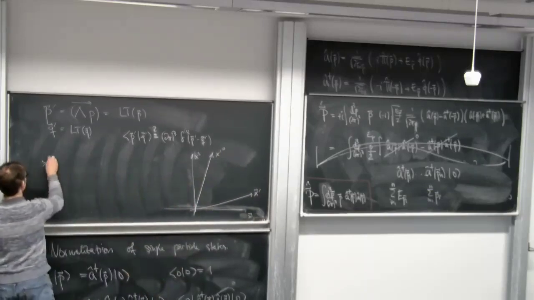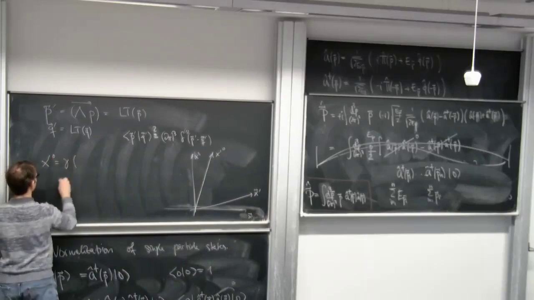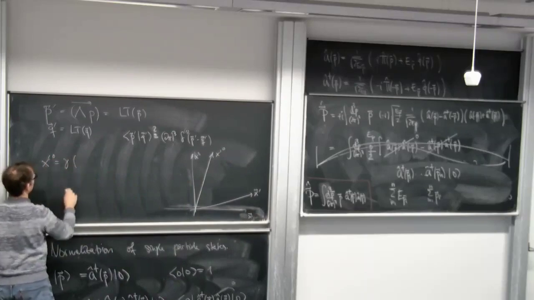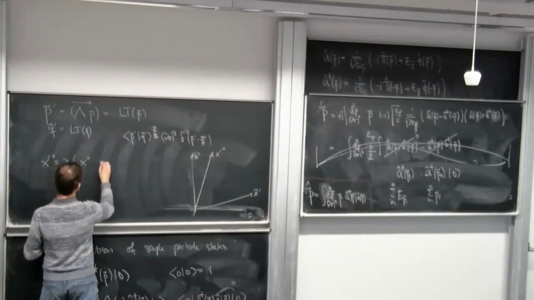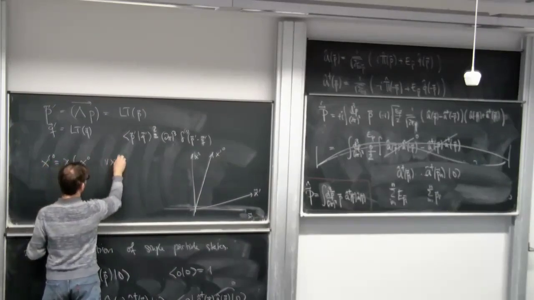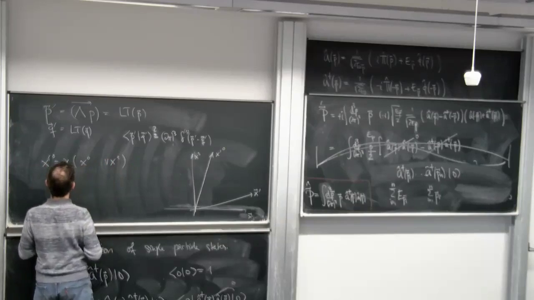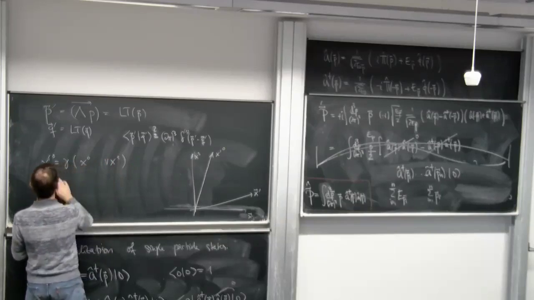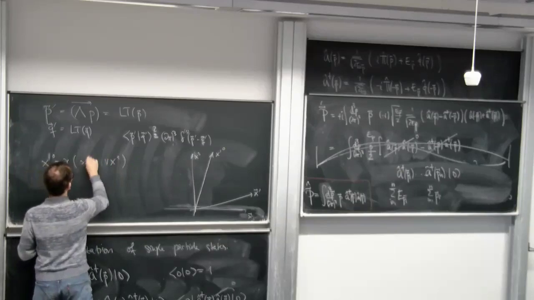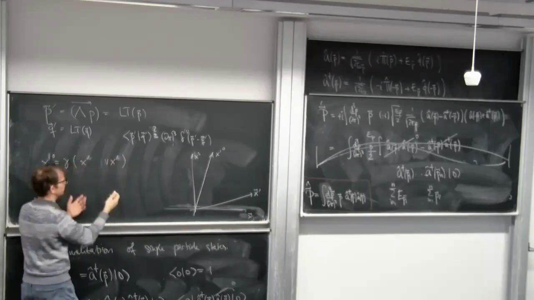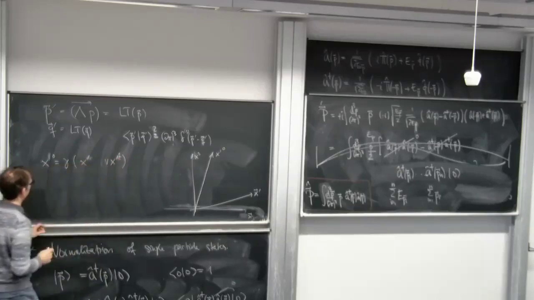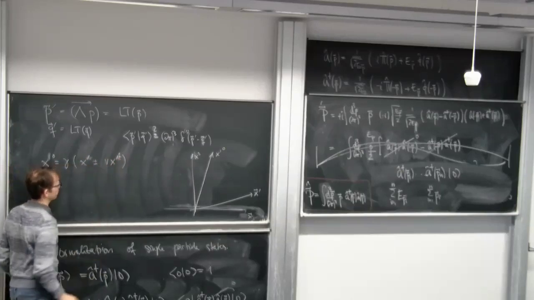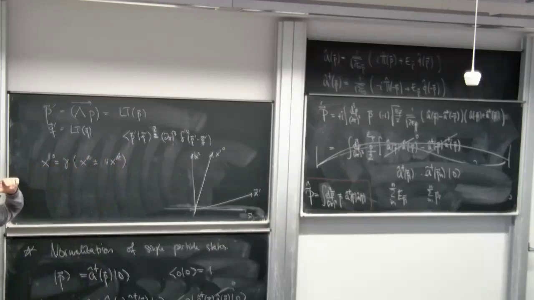Then the x0 prime is gamma times x0 plus or minus v x1. I rather want to have the prime on this side, so I'm writing the inverse. This is a prime and this is a 1. Now you figure out if it's plus or minus. It doesn't really matter because the v could be negative.